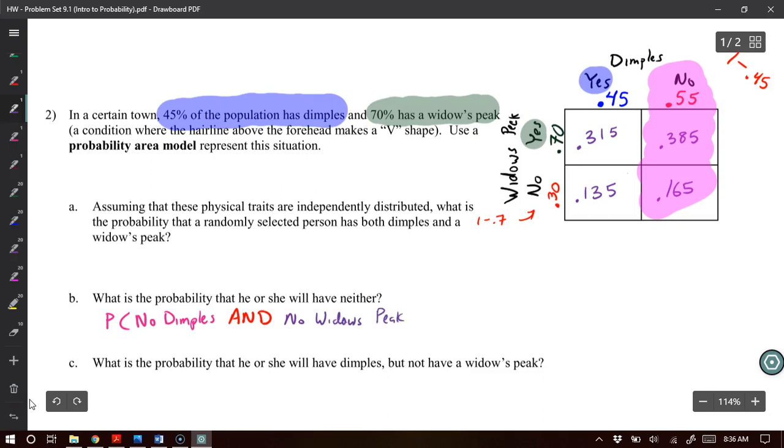I want the probability that he or she will have neither, no dimples and no widow's peak. Well, that's the intersection, the overlapping of those. And so that would be this value right here. The probability of no dimples and no widow's peak in this case is going to be 0.165.